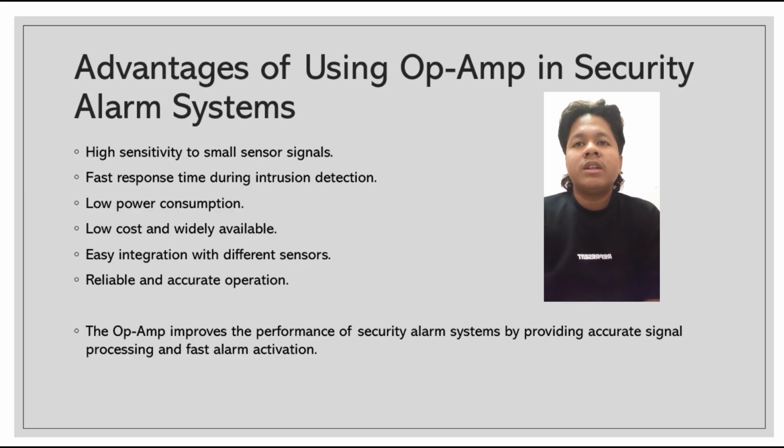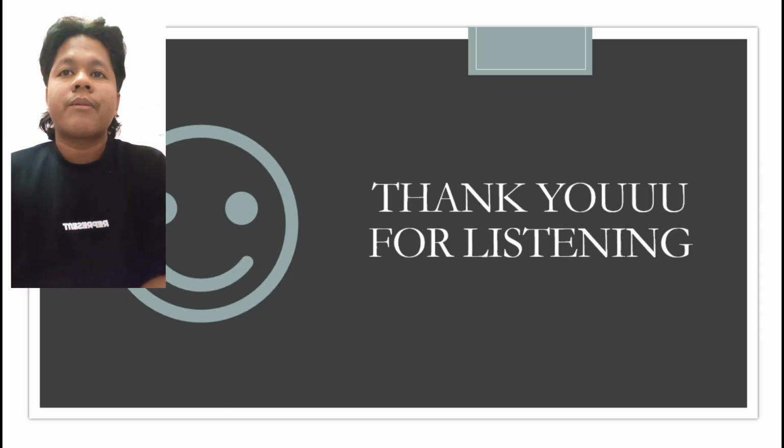Third one is it consumes very little power, making it suitable for long-term operation. In addition, OP-AMPs are inexpensive, easy to obtain, and compatible with many different sensor types. These advantages make OP-AMPs a practical and reliable choice for modern security system.